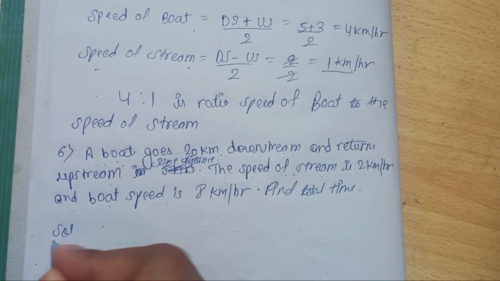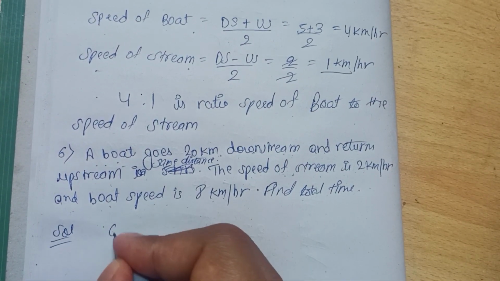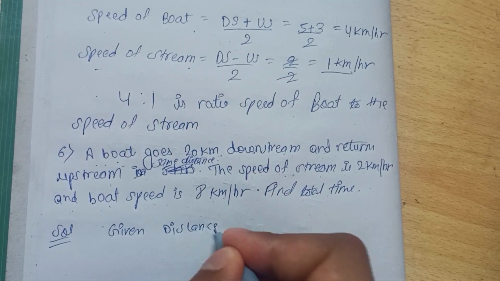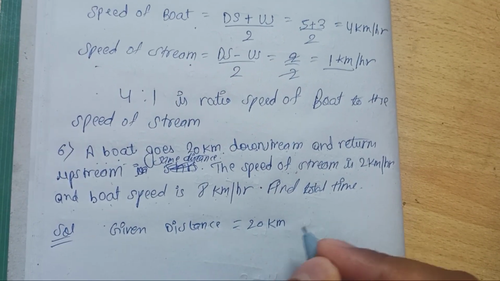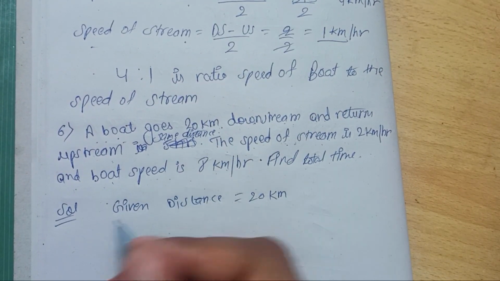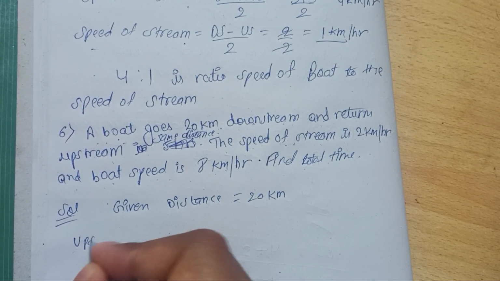So the solution is: given distance 20 km, and the speed of stream is given and the boat speed is given, so we can calculate the upstream speed.